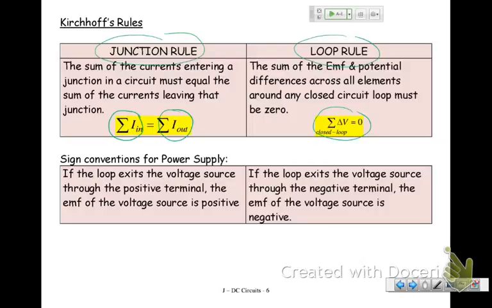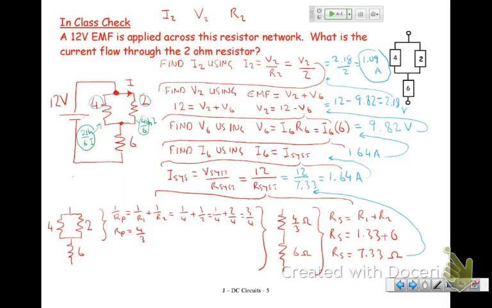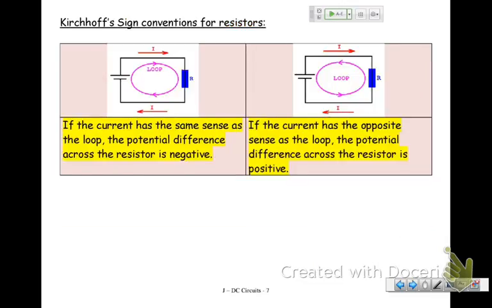Now, we've always got to be a bit careful with our sign conventions. So if the loop exits... I've got to go to this next line. I'm sorry. Let's look at this. So this is my power supply. This is a resistor.